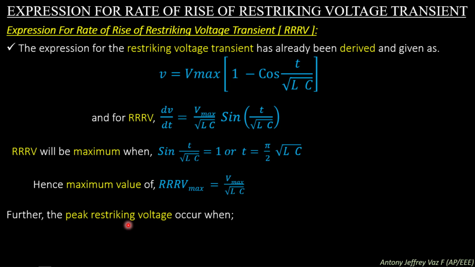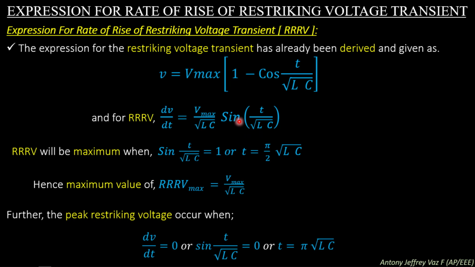Further, the peak restriking voltage occurs when dV/dt equals 0. When this term dV/dt becomes 0, the peak restriking voltage will occur. So, to make this term 0, we need to make the sine 0.